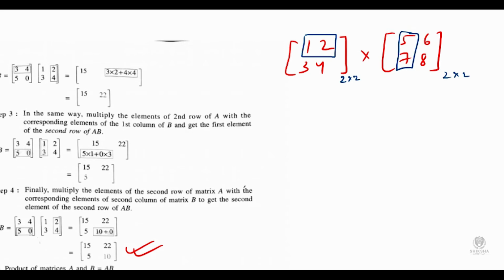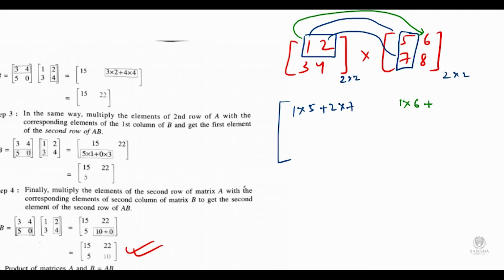So what we will be doing? 1 into 5 and 2 into 7. So 1 into 5 plus 2 into 7. Now this first row will also be multiplied with the second column. That comes 1 into 6 plus 2 into 8. Now the second row will be multiplied with the first column.